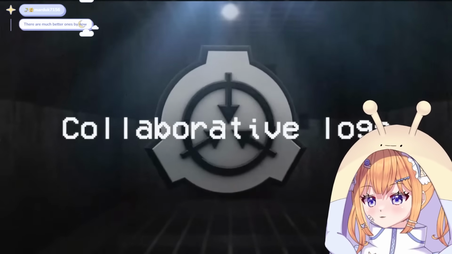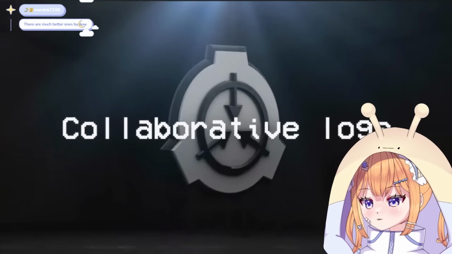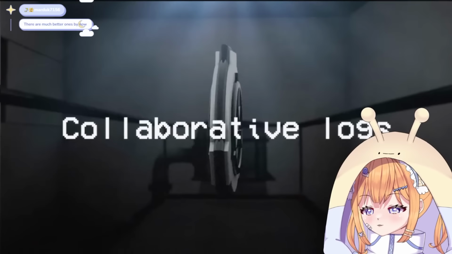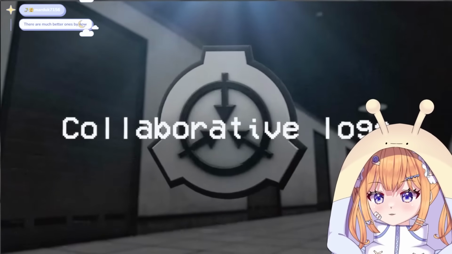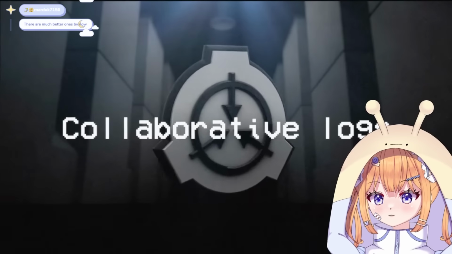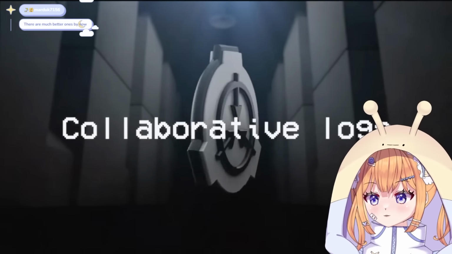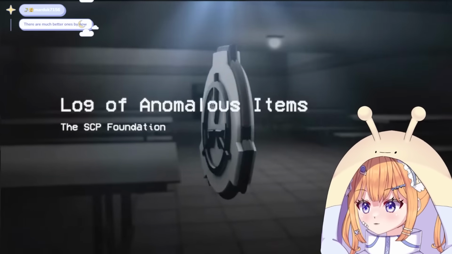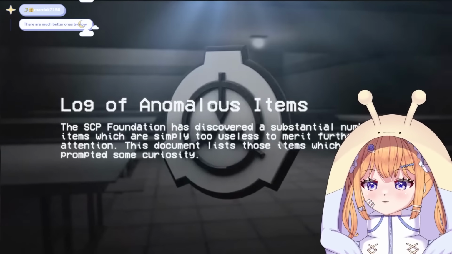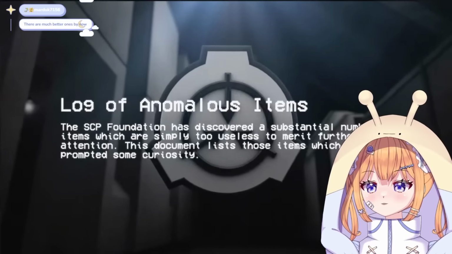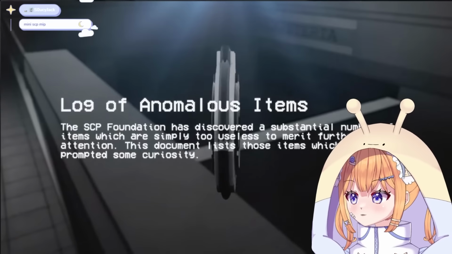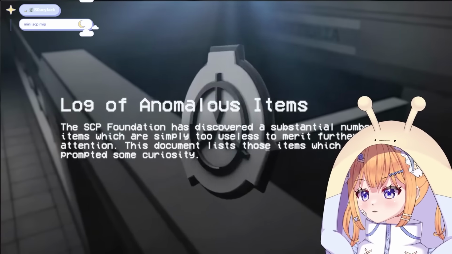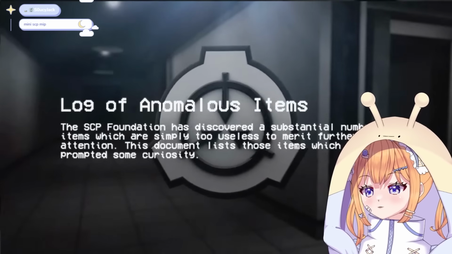The 3 main collaborative pages exist as lists of mini SCPs, very small-scale items or phenomena that don't need to have a narrative, but still need to be unique, appropriate, and interesting. They are Log of Anomalous Items. The SCP Foundation has discovered a substantial number of items which are simply too useless to merit further attention. This document lists those items which have prompted some curiosity.